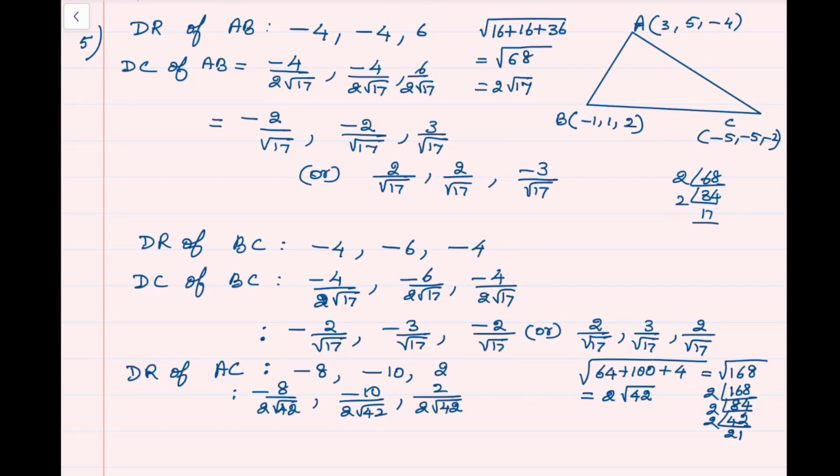Let us simplify these numbers. Therefore, we get the answers minus 4 divided by root of 42, minus 5 divided by root 42 and 1 divided by root 42, or we can write another set of answer by changing the sign: plus 4 divided by root 42, plus 5 divided by root 42 and minus 1 divided by root 42.